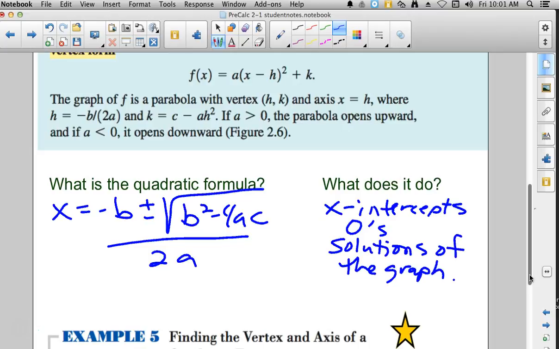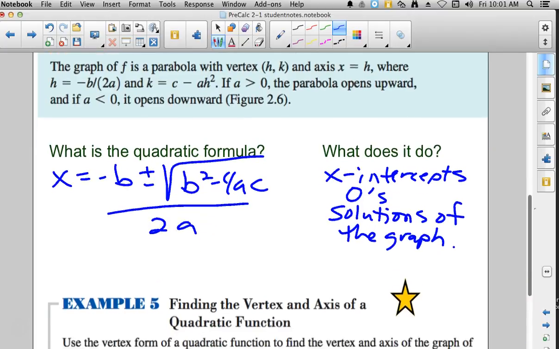So the quadratic formula is a backup plan. If you've forgotten how to complete the square, if you've forgotten how to factor, if you've forgotten everything about how to solve a quadratic, then you could use the quadratic formula.